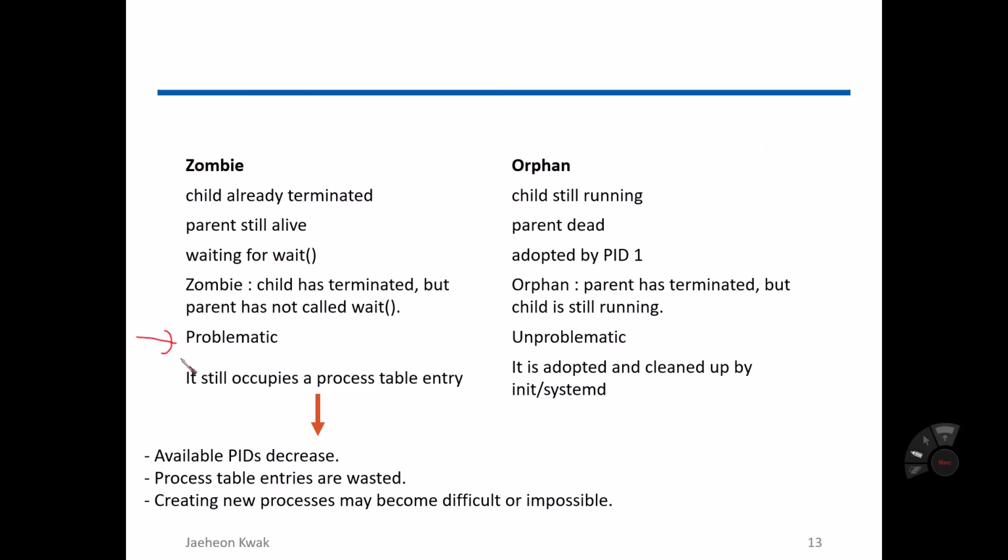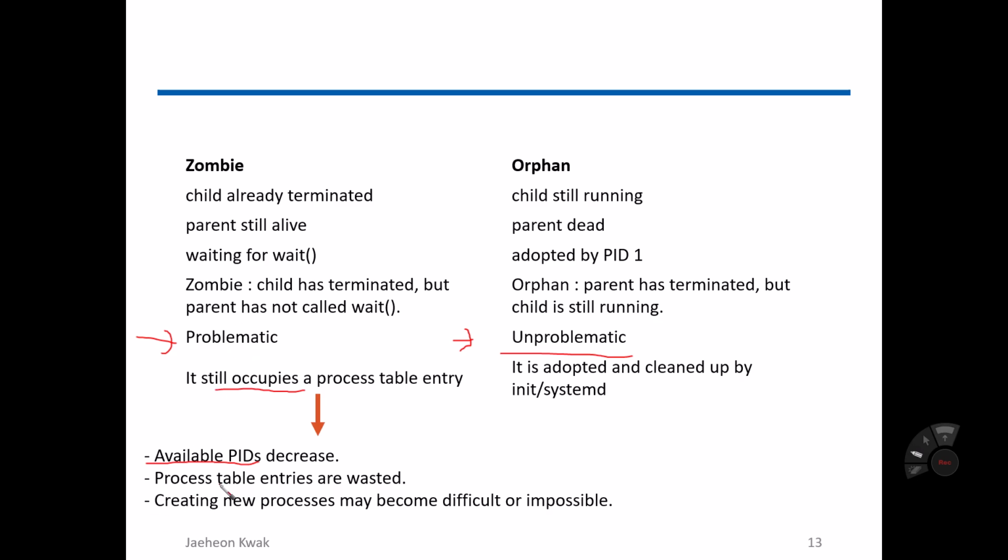So the zombie process is problematic. However, the orphan process is not. It is unproblematic, so the orphan process does not harm the system. However, zombie processes still occupy process table entries, and they also occupy the process ID.